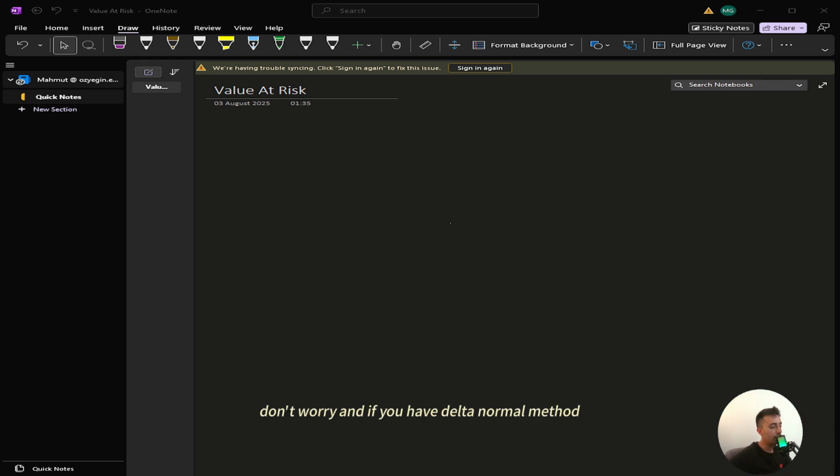Don't worry. And the delta normal method actually has a different name. This is the variance and covariance method, guys, because it depends on variance and covariance.